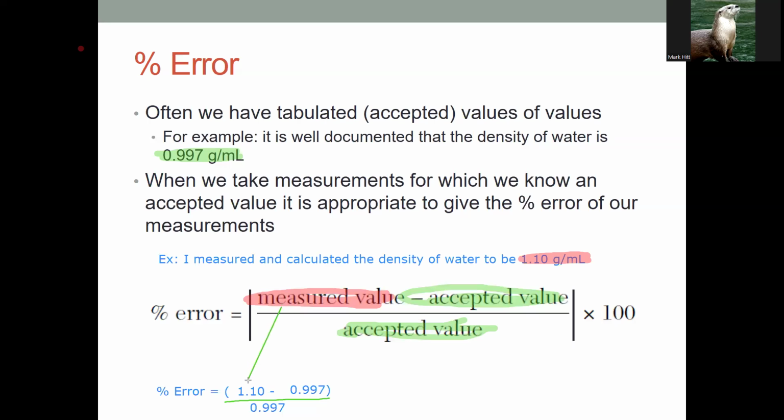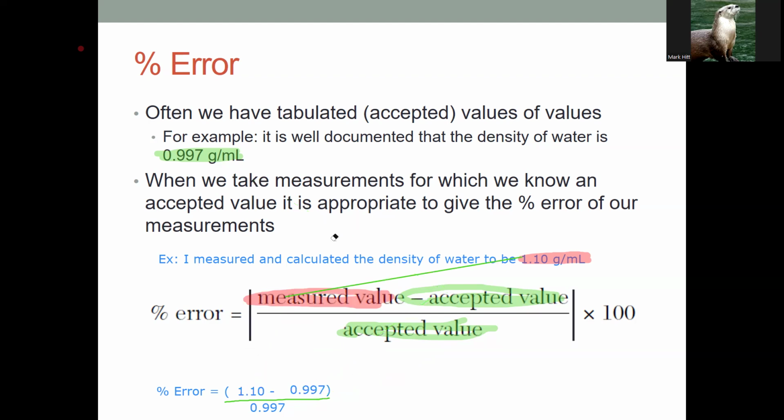You can see my measured value here, my accepted value here, and then my other accepted value here. So you can see where I'm pulling these from. My measured value I got from lab, and my accepted value I got from the table. Now that I've pointed out where everything came from, let me delete the lines but keep the numbers.